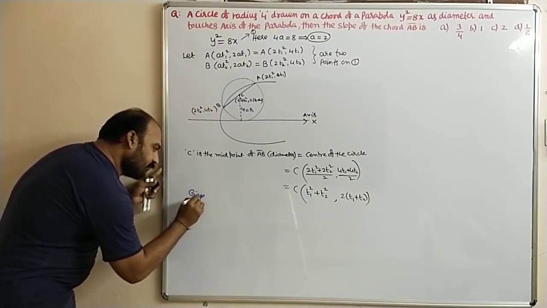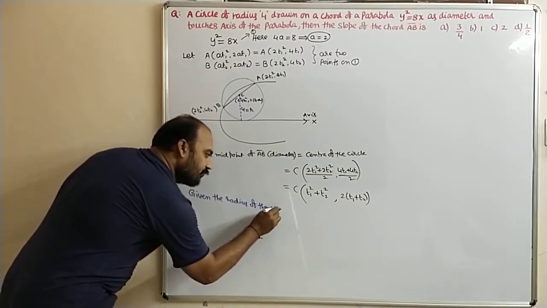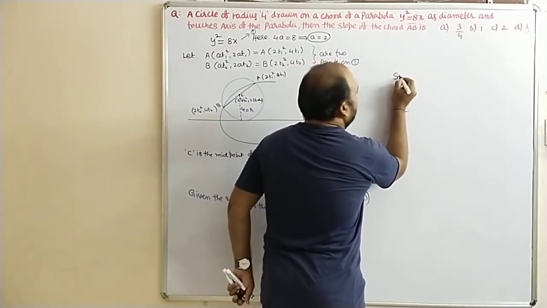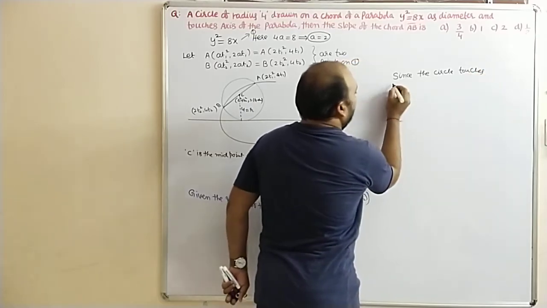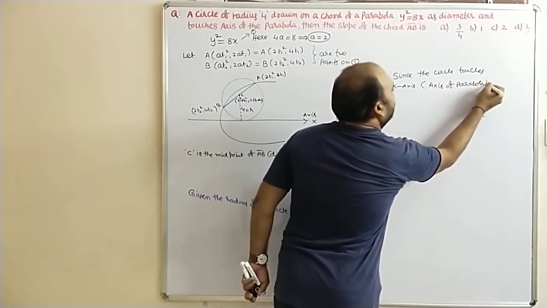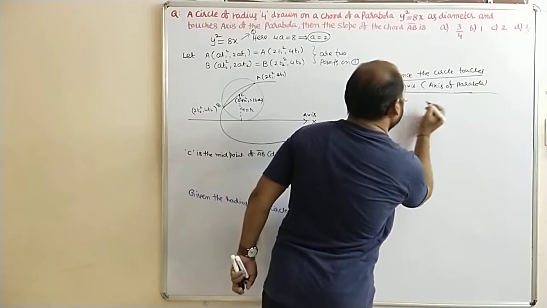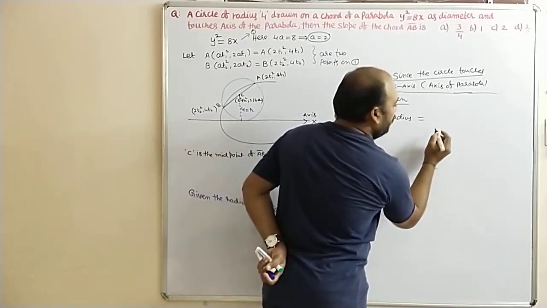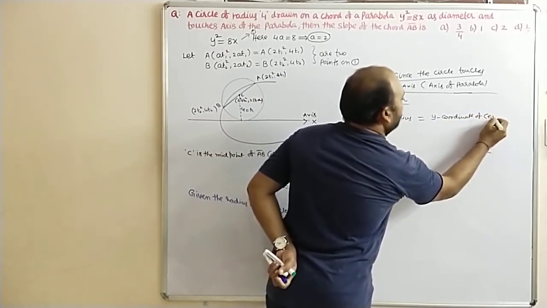Given the radius of the circle r is equal to 4, since the circle touches the x-axis, that means the axis of the parabola, the radius is equal to the y coordinate of the center of the circle.